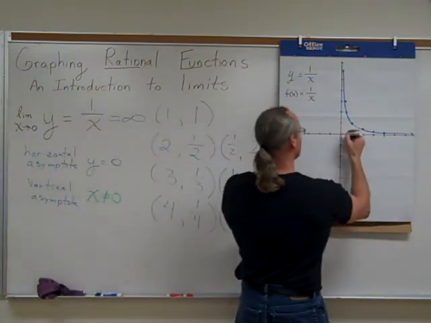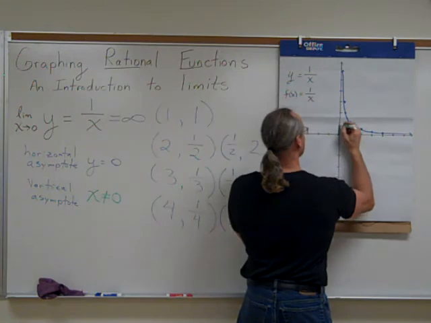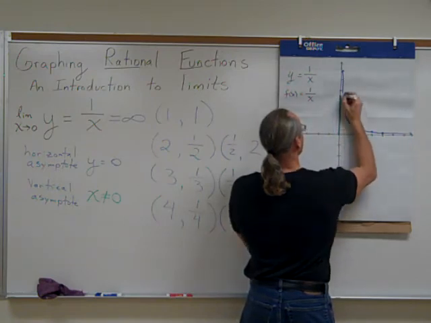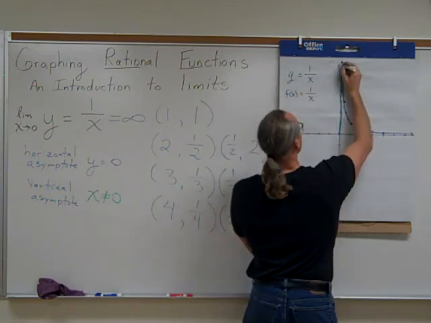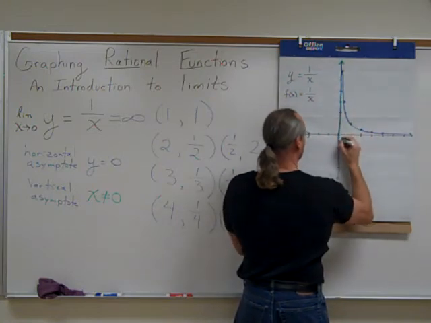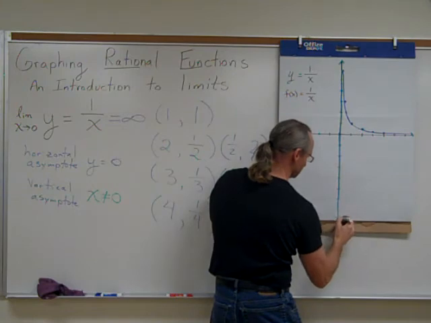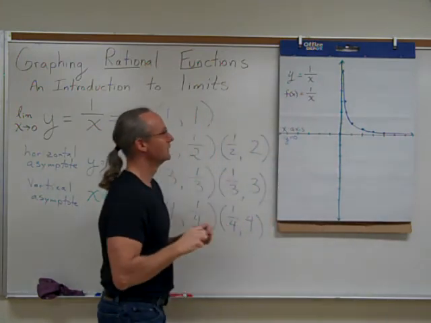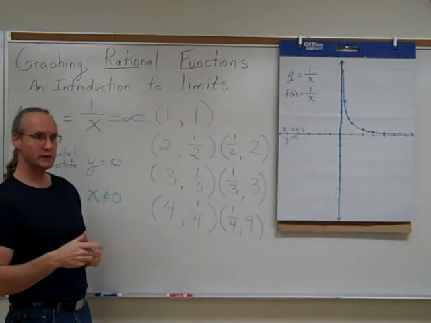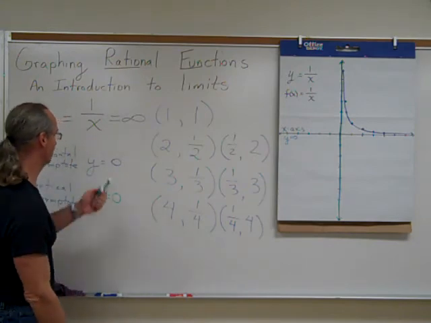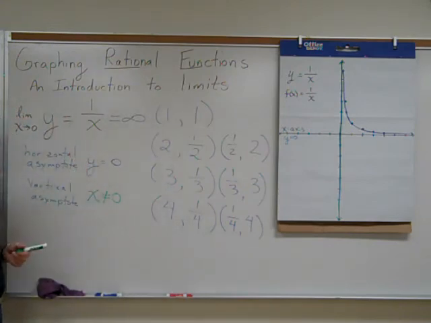I literally cannot cross this line. It is a barrier. There are times when we can cross horizontal asymptotes, and we'll see an example of that later.